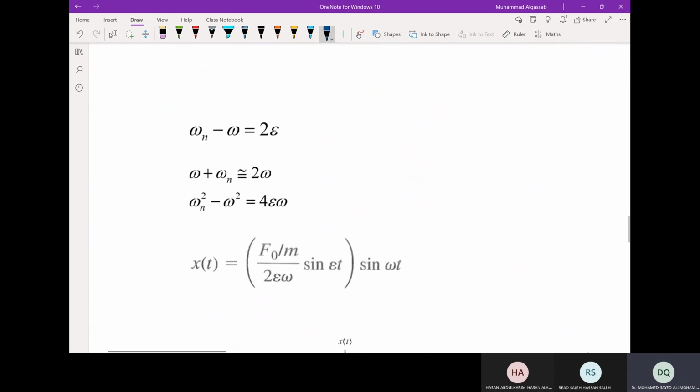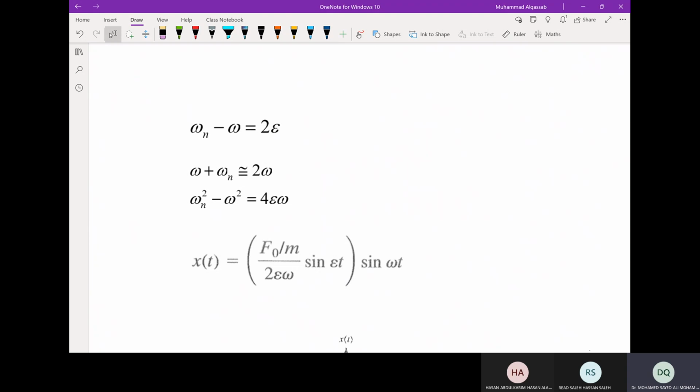For omega very close to omega n, you can give some numbers. Let's say omega n minus omega is equal to 2 epsilon, where epsilon is a small number. And omega plus omega n is going to be 2 omega.